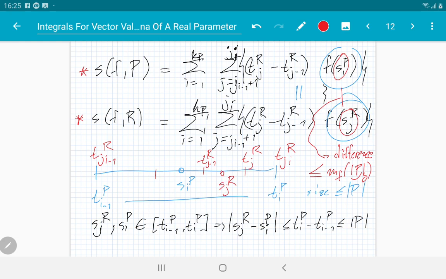And now everything becomes clear, I hope. I wrote the sums for P and R in a way that I could directly compare these intervals.